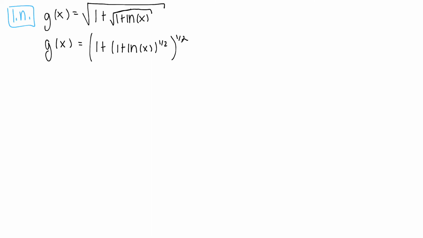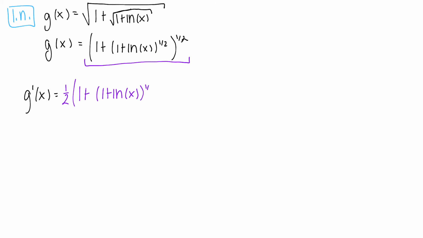So a lot of chain rule to happen here. Derivative part. For the derivative of the outside, we're taking that 1/2 power down. So we have 1/2, and then this is just power rule, so we'll leave the inside alone. Then we subtract 1 off the exponent.